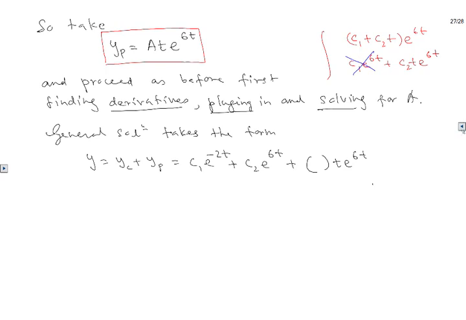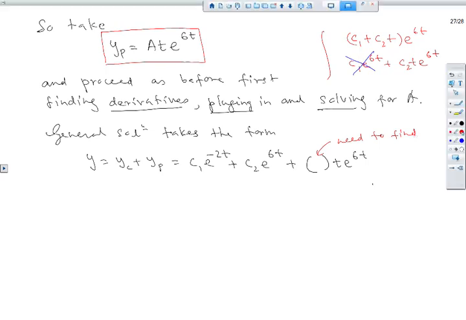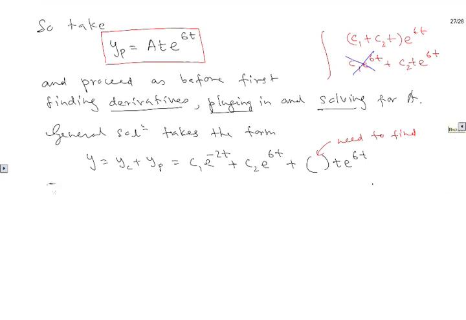This one we need to find. Just follow the same thing as we did before. Good. And then after we do that, at the end, we use the initial condition.